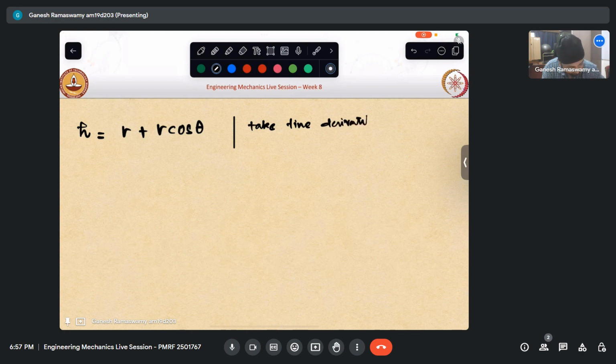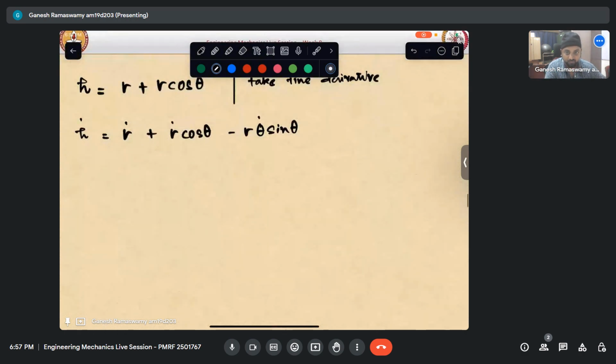So h dot will be r dot plus, now I have to apply the product rule here because there are two quantities. So it will be r dot cos theta minus r theta dot sin theta. Now I know that the disk is a rigid body, so r dot is 0. Both these quantities go to 0.